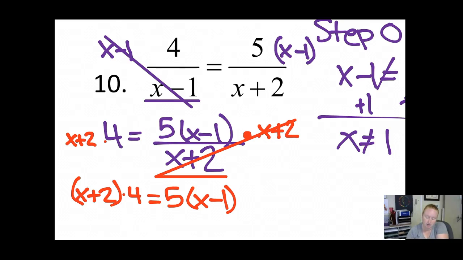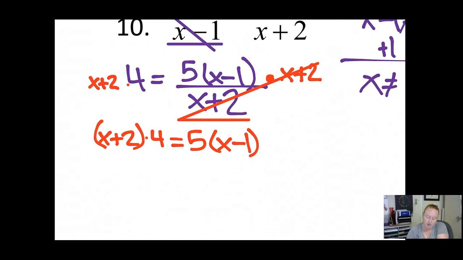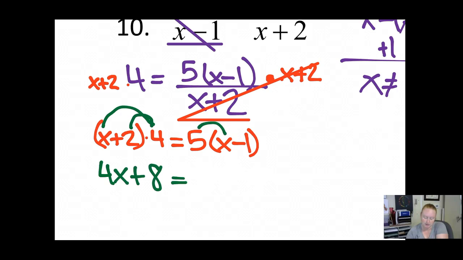Some of you might choose to go ahead and rewrite this so that it looks the way you want it to. But I'm telling you that you can just go ahead and distribute right now. If you wanted to rewrite it so that the 4 was in the front, you could have. I get 4x plus 8 equals 5x minus 5.